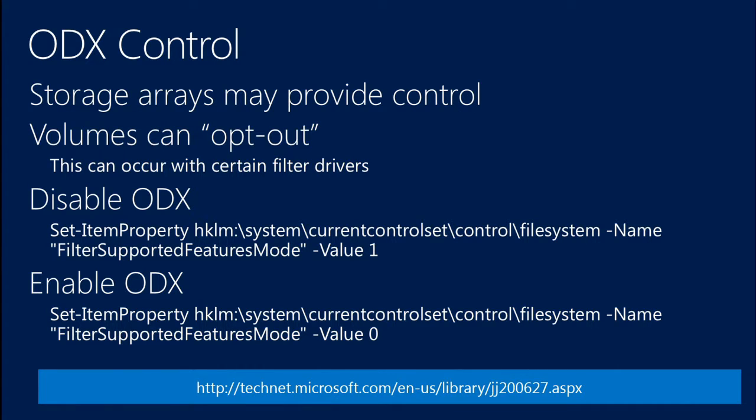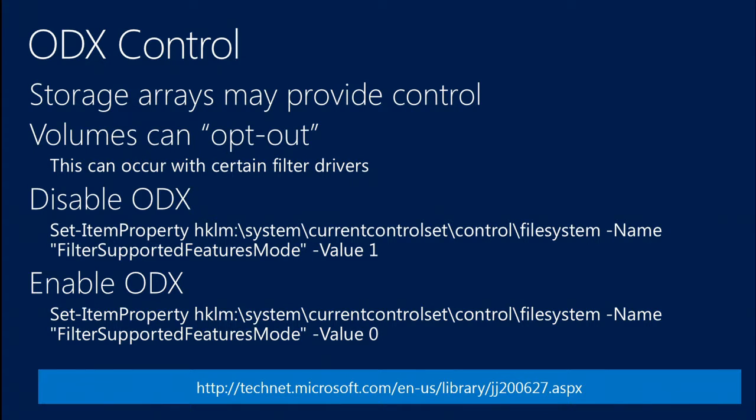So it's not harmful, it just means that it may or may not work. There's some things in the stack that you can't control. So if it's not working and you expect it to, you have to look at what's in the stack. There might be something like a filter level driver. So that's opting out, but it's not a tunable thing. It's just what's happening on the host layer.